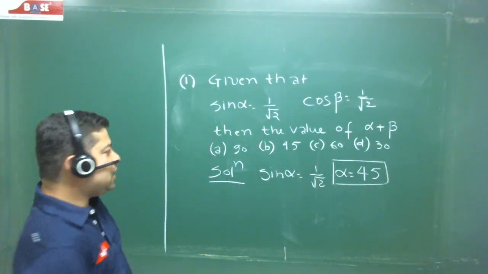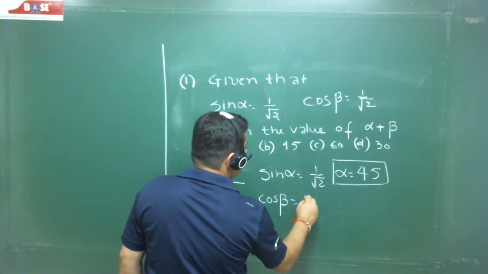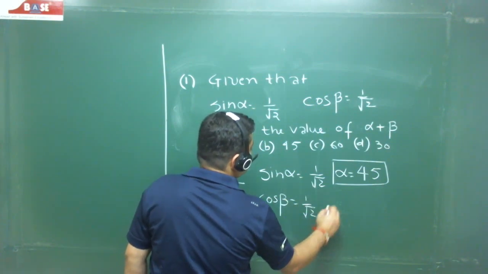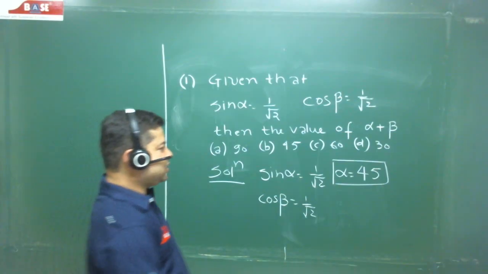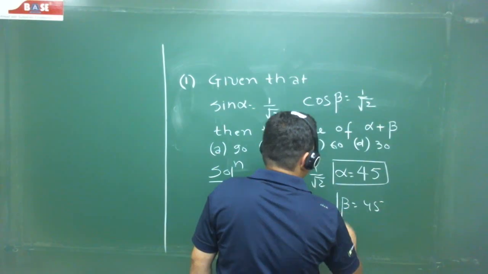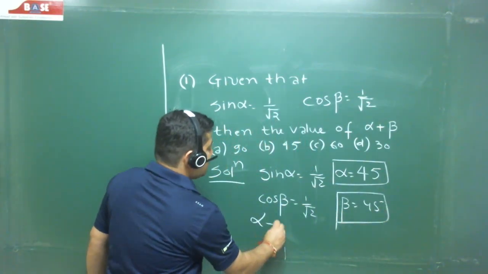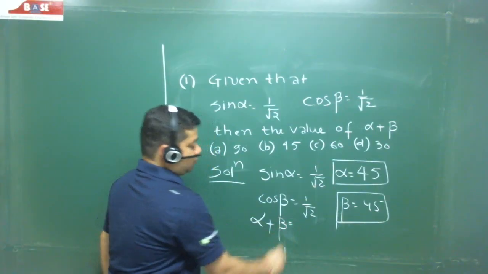On the same line, cos beta is 1 by root 2, so beta will also be 45 degree. Now they are asking the sum, alpha plus beta.